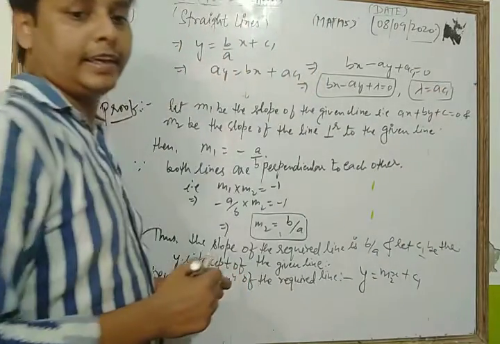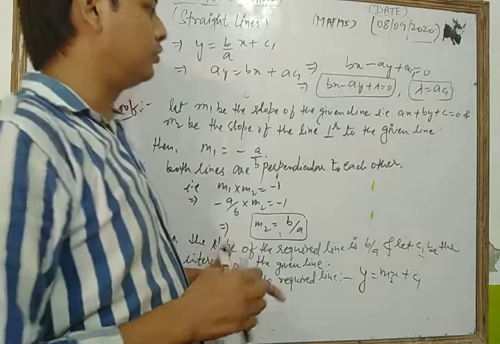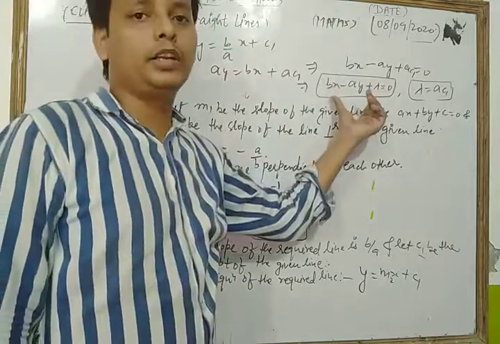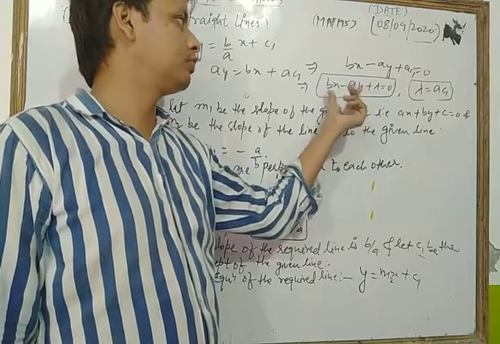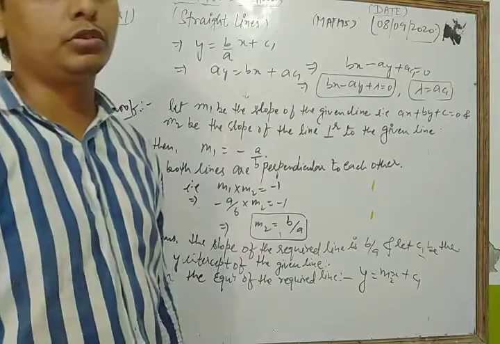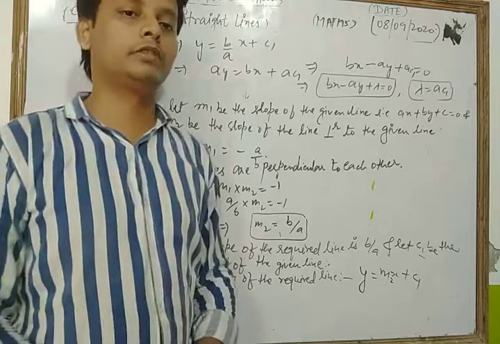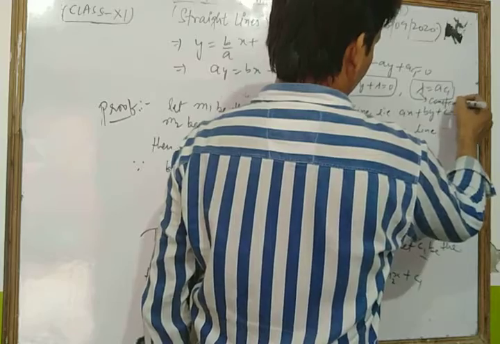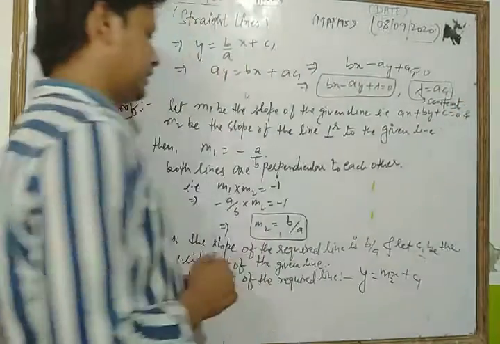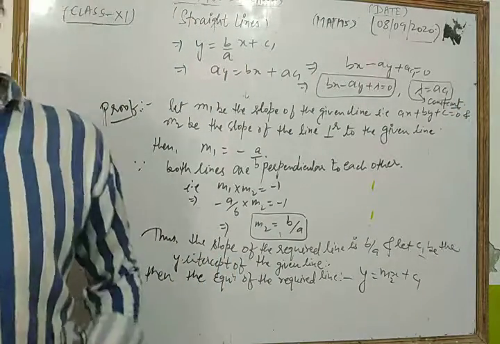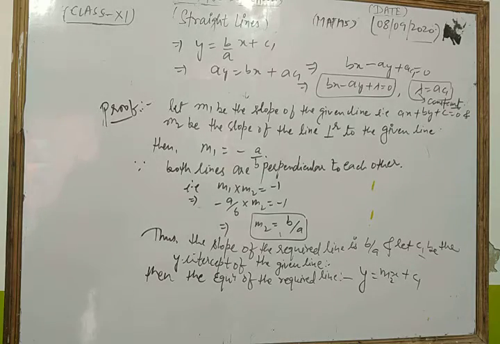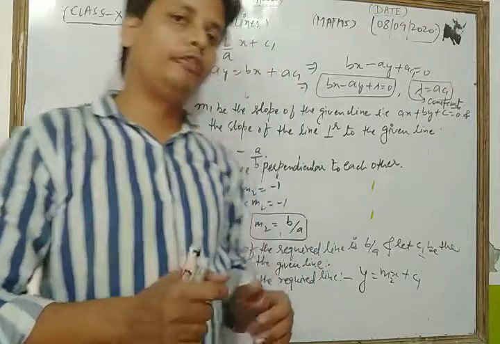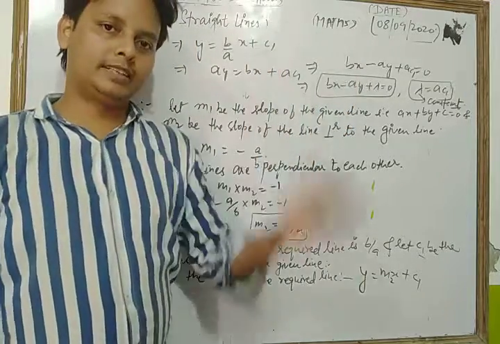So the required equation of a line perpendicular to a given line is bx minus ay plus lambda is equal to 0, where lambda is equal to ac1, a constant value. Thus, dear students, in this way we get our result. Now let's see once more.